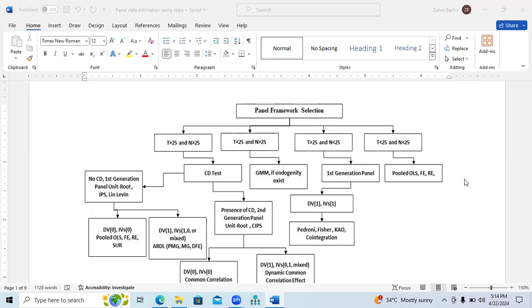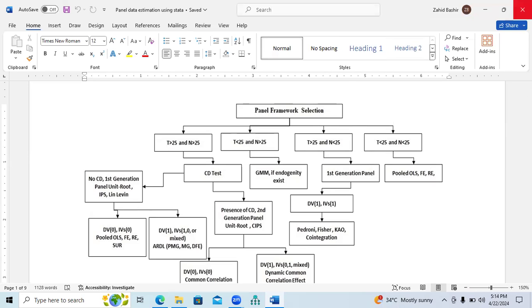So the basic condition that you need to understand about dynamic panel data analysis is that the number of time periods would be less than the number of cross sections. Cross sections means number of countries, number of companies, number of individuals. So today we are going to discuss this case.